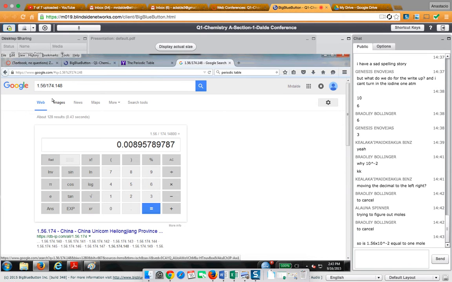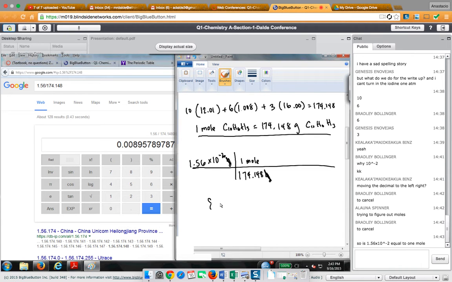It would be 8.96 times 10 to the negative 3. And I also have times 10 to the negative 2. I didn't do anything with that times 10 to the negative 2, so it's still there. And then my answer, I could have written down 0.00896, but I'd rather write 8.96 times 10 to the negative 3. Are we cool?